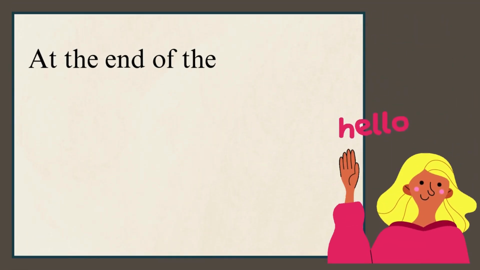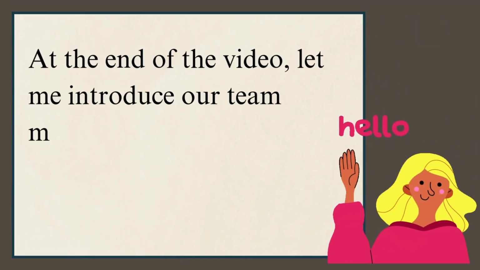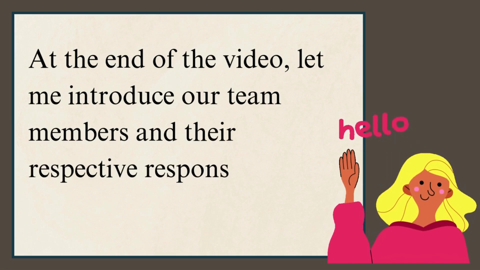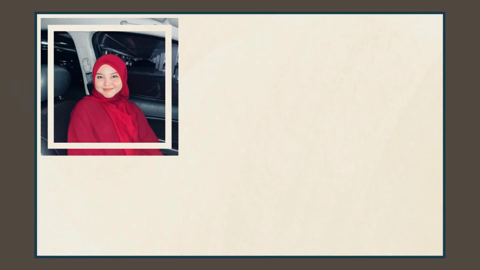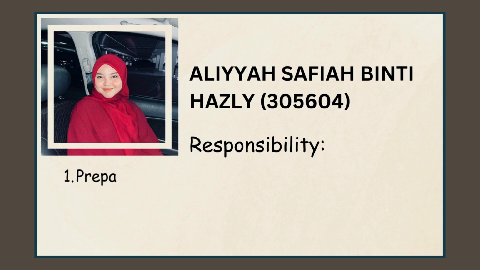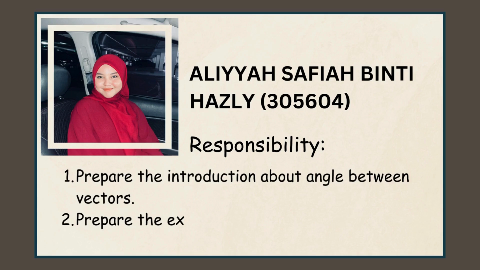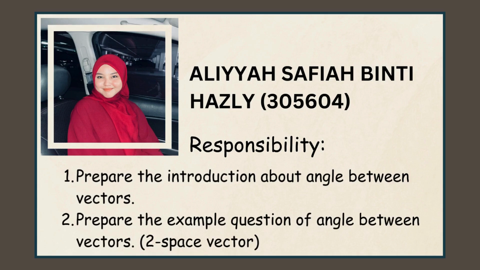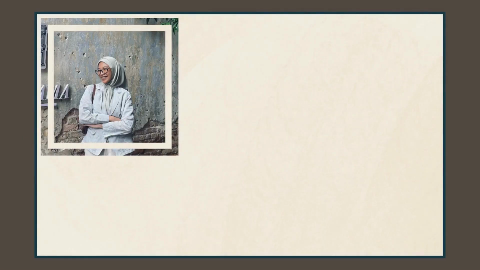At the end of the video, let me introduce our team members and their respective responsibilities. The first one is Alia Shafia. Her responsibilities are to prepare the introduction about angle between vectors and prepare the example question of angle between vectors in space. The second one is Aina Natasha.